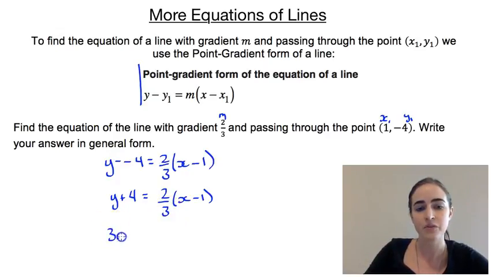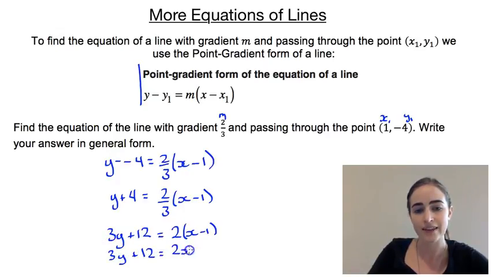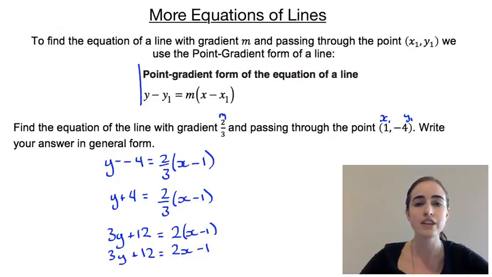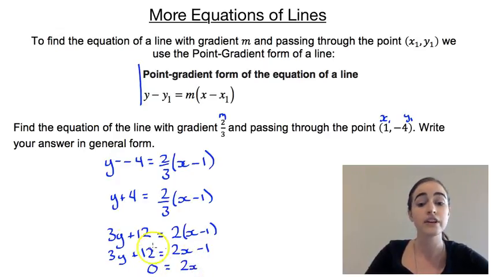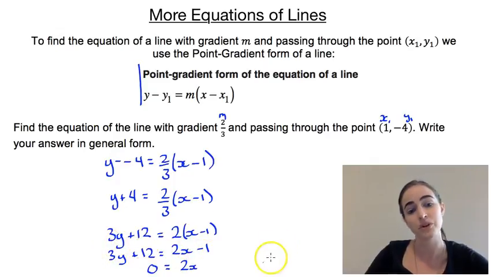So we're going to have 3y plus 12 is equal to 2 outside of x minus 1. Now if we expand our bracket out, we'll have 3y plus 12 is equal to 2x minus 2. And then to put this in general form, we need to put everything over one side of the equal sign. The reason I'm pulling it all to the right is because we want our x term to be positive, and it already is.